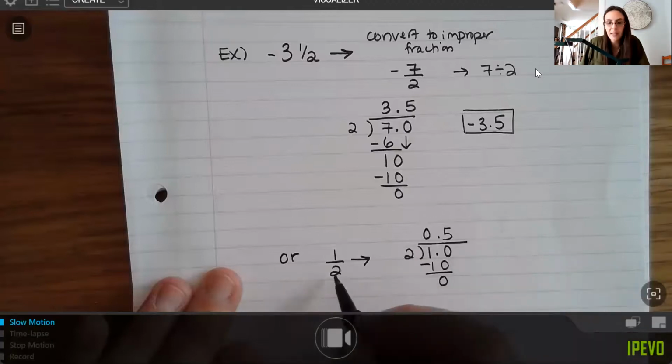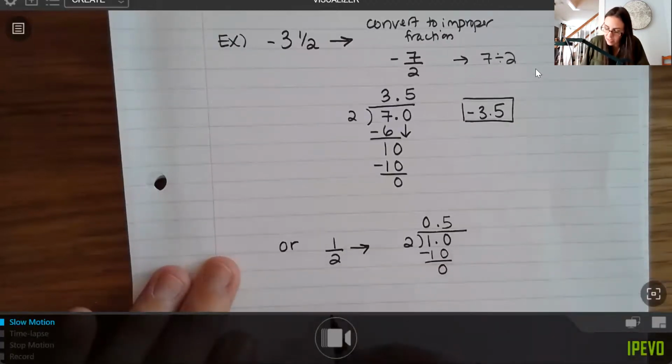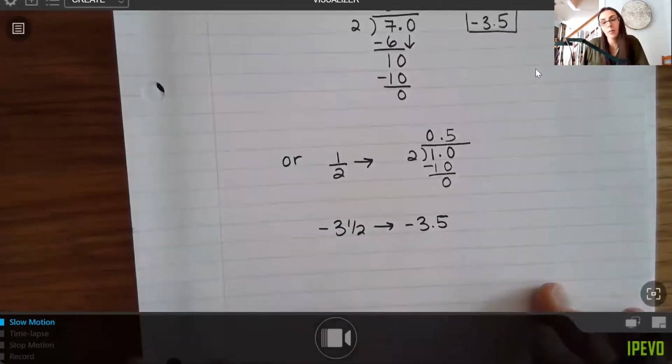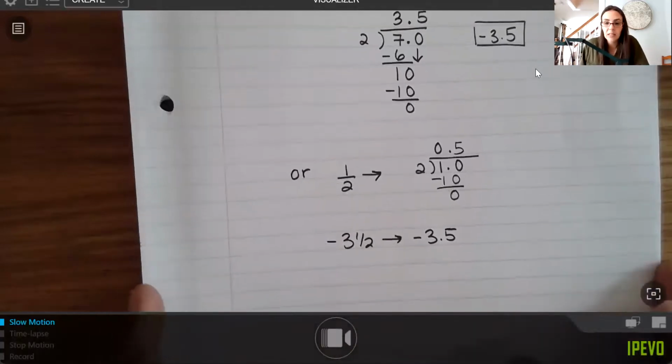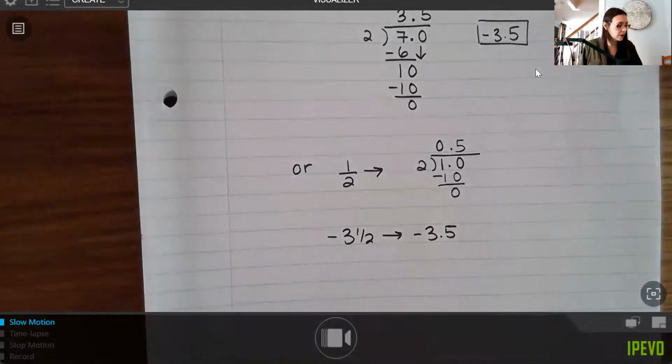So 1/2 is the same thing as 0.5, but then don't forget that my problem was actually negative 3 1/2. So it's going to be negative 3.5 instead. So you replace that 0 with that negative 3 if you have a mixed number. So whatever way you find easier, I tend to like the improper method better, but it doesn't matter. You're going to get the same answer either way.